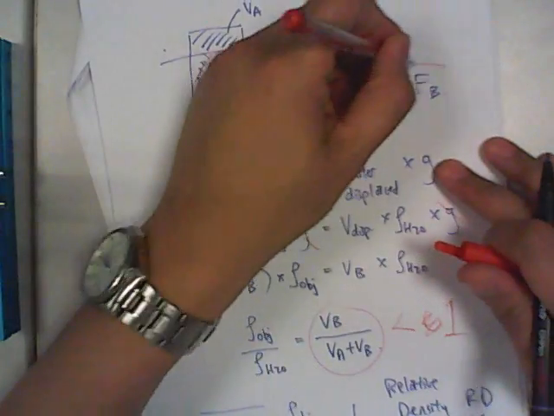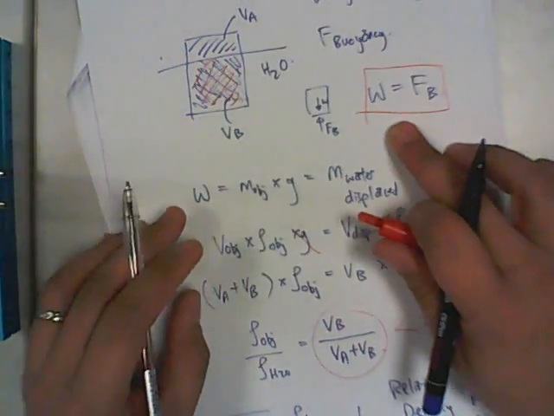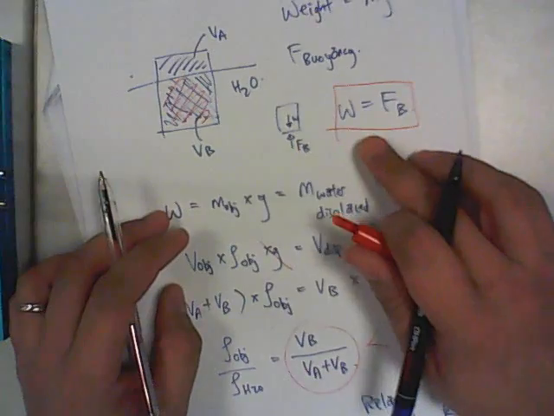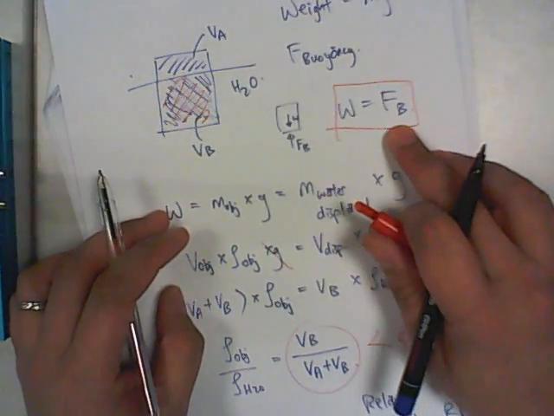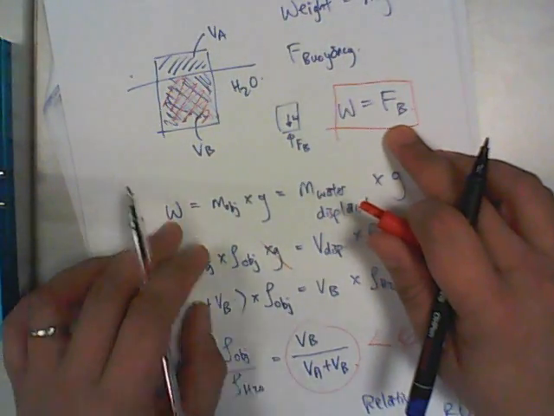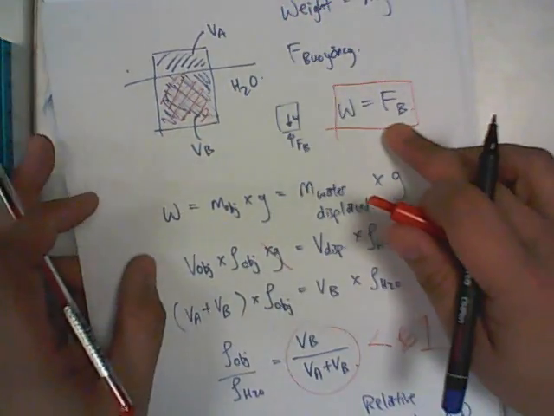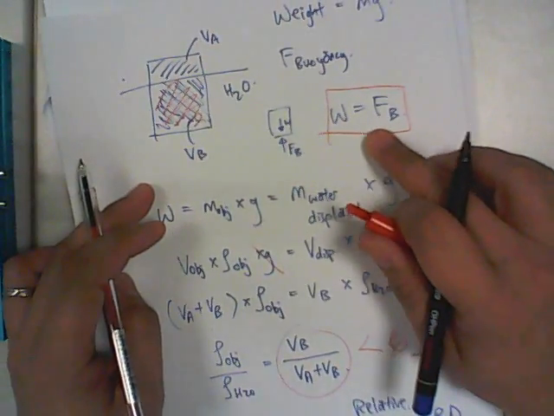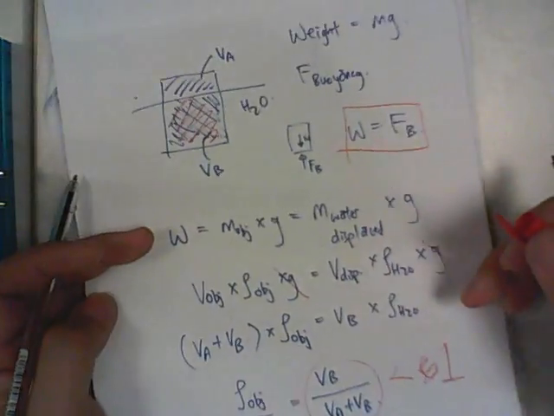My advice will be always to start with this equation: sum of forces. The weight must be balanced with the buoyancy force. But I will tell you that not every time this case will happen. Why?